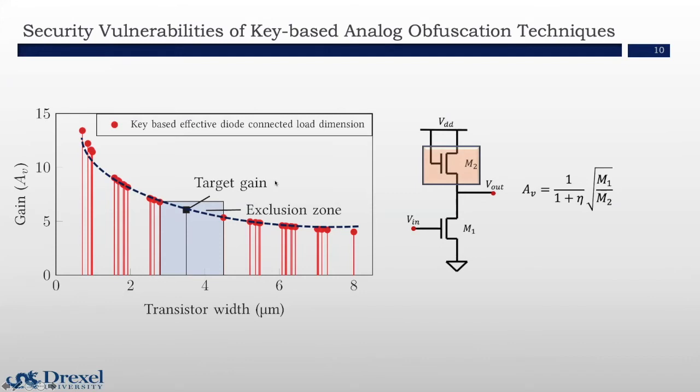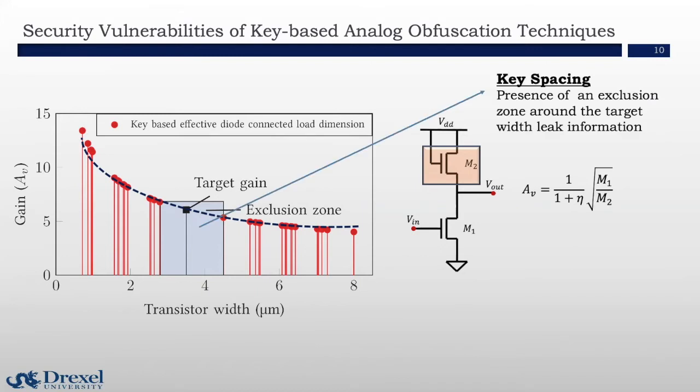If an incorrect key is applied, an incorrect M2 width is selected, and therefore the gain of the amplifier is not as intended. With that in mind, the current key-based obfuscation technique has two main weaknesses.